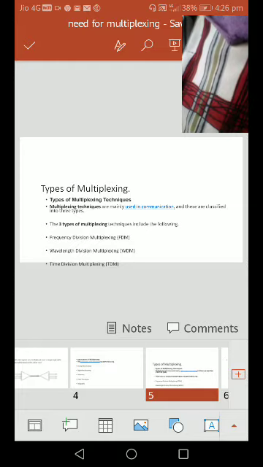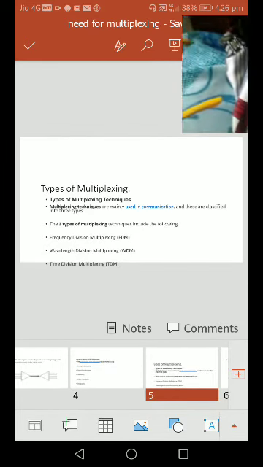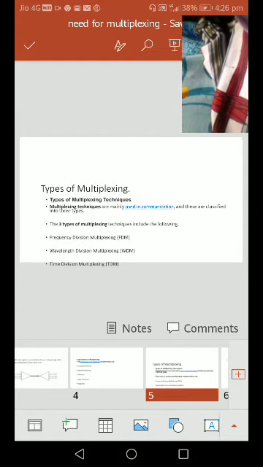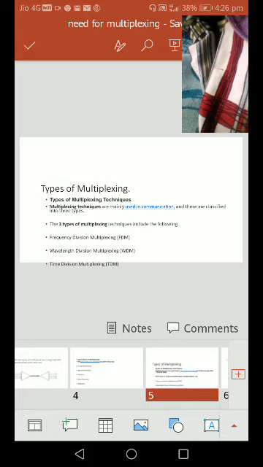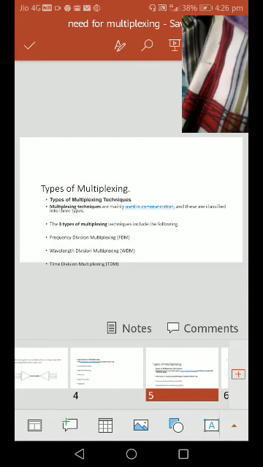These are classified into three types. One is frequency division multiplexing, FDM.